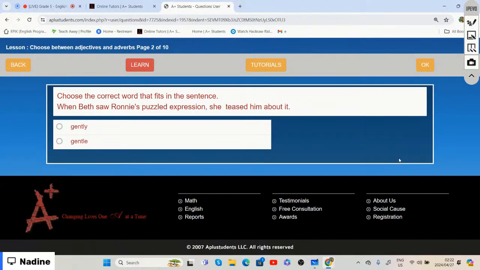When Beth saw Ronnie's puzzled expression, do we say she gently or gentle teased him about it? So when Beth saw Ronnie's puzzled expression, she gently teased him about it, or we can say she gentle teased him about it. Which one do you think is the correct word?